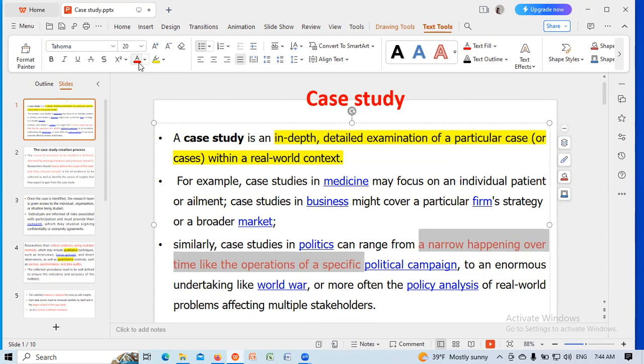Also, in politics, a case study can range from a narrow happening, like the operation of a specific campaign, to an enormous undertaking like the First World War or Second World War, or more often the policy analysis of real-world problems affecting stakeholders.